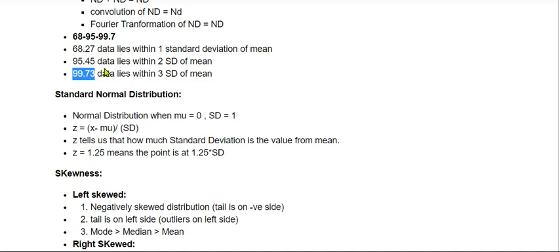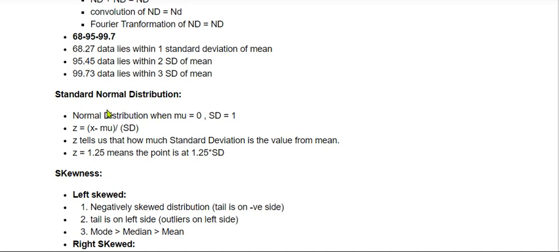So most of the data falls under three standard deviations, and the standard deviation basically gives the idea about the variability of the data.